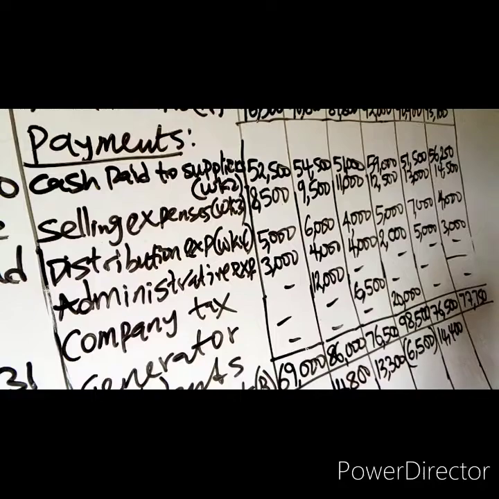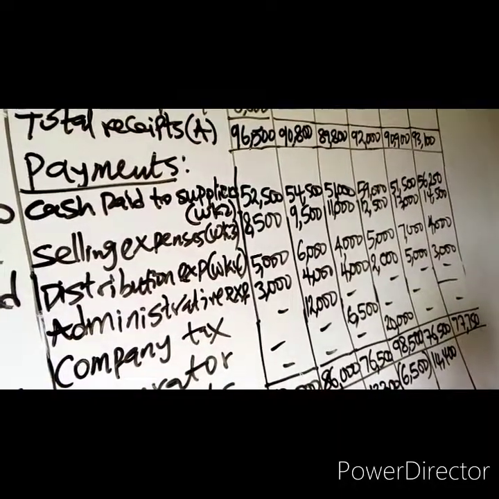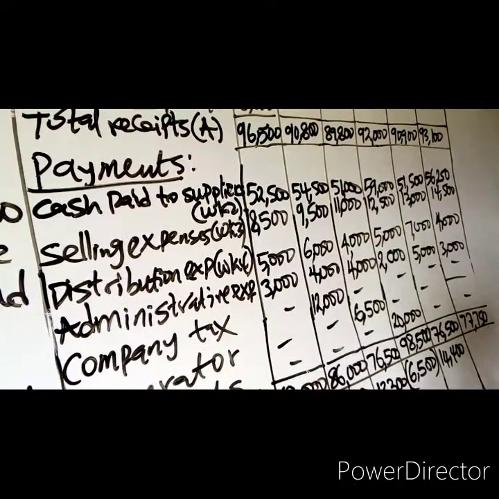When you now deduct this from the total receipts of 93,100, then you have the net cash flows of 15,350. That is our net cash flows.